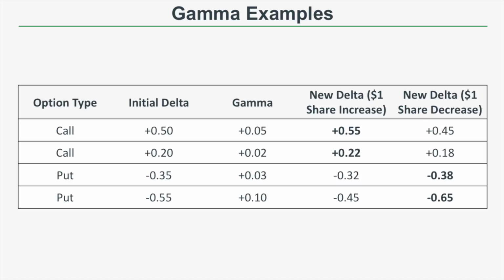For example, if we have a put option with a delta of -0.35 and a gamma of 0.03, and the stock price increases by $1, the put's new delta is expected to be -0.35 plus 0.03, which gives us -0.32. If the stock price falls by $1, the -0.35 delta is expected to decrease by 0.03 to -0.38.